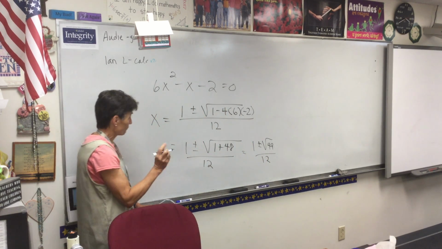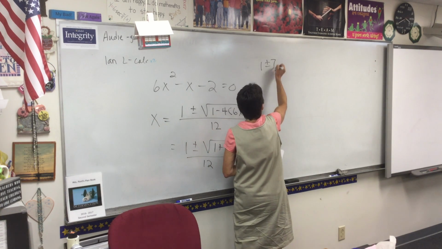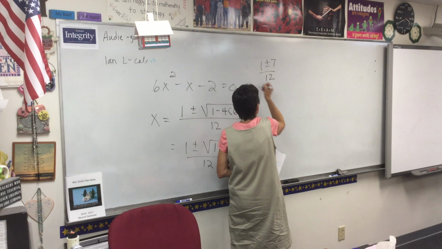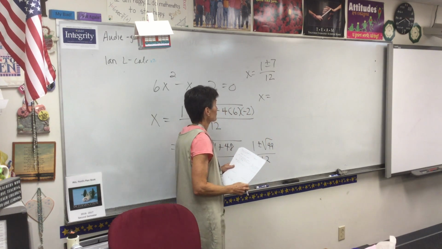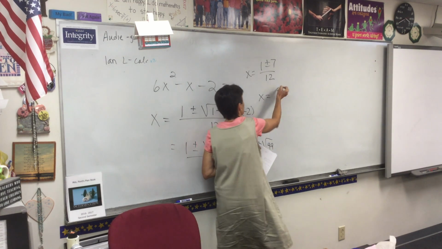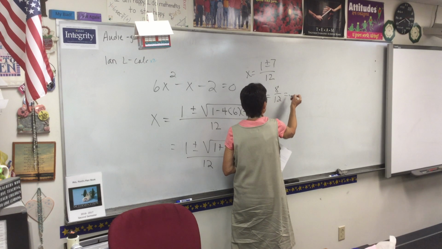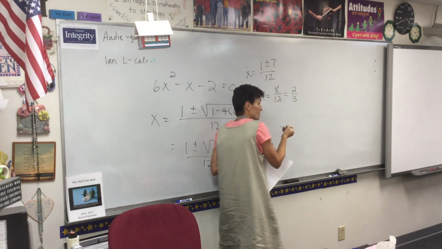Which is wonderful because that is 7. So now I have to actually work that out. So I get 1 plus 7 over 12, which reduces to 2/3. Yep.